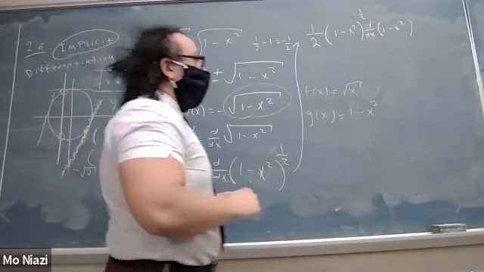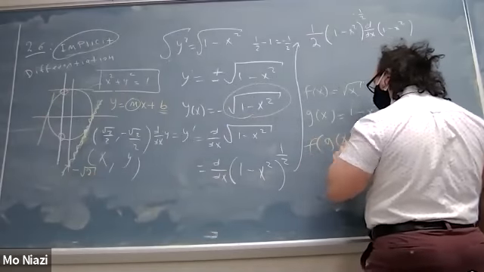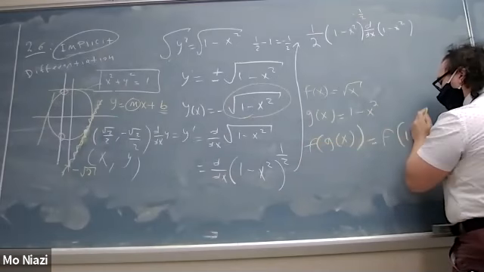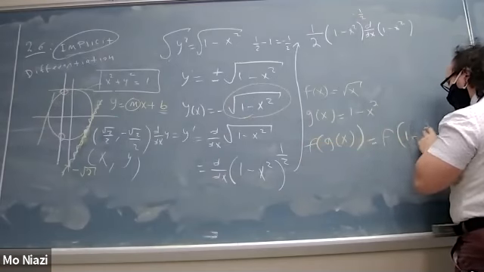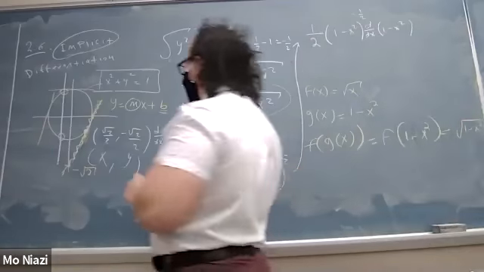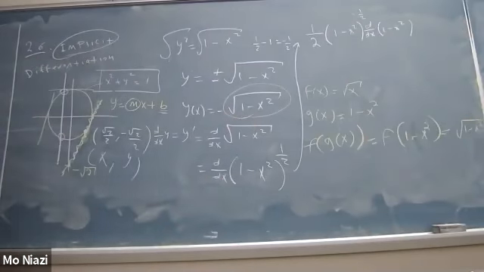Notice that f of g of x is equal to f of 1 minus x squared, but then that equals square root of 1 minus x squared. So aha, this thing is clearly a composition of two functions.